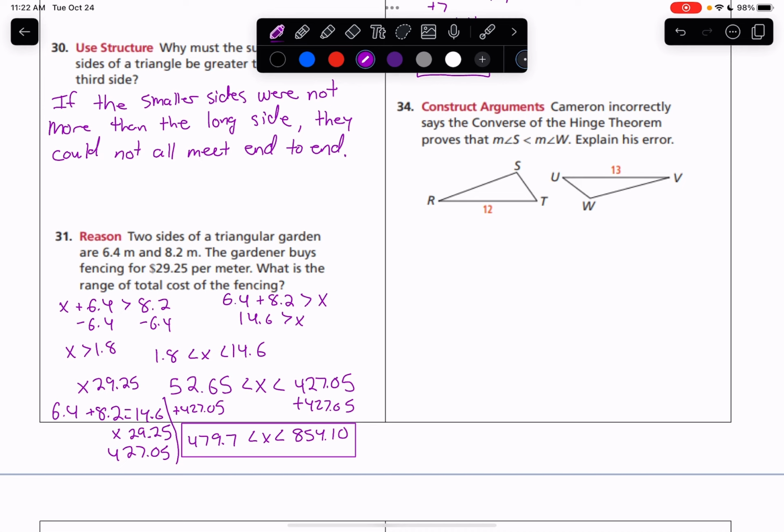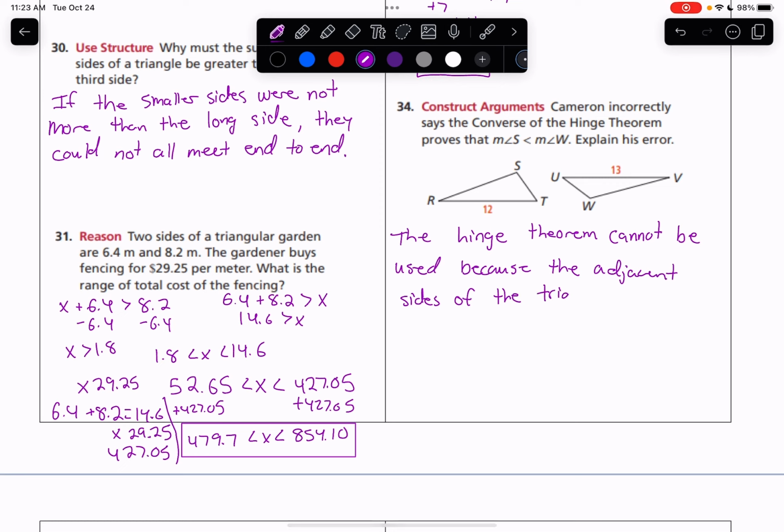So the hinge theorem cannot be used because the adjacent sides of the triangles are not congruent.